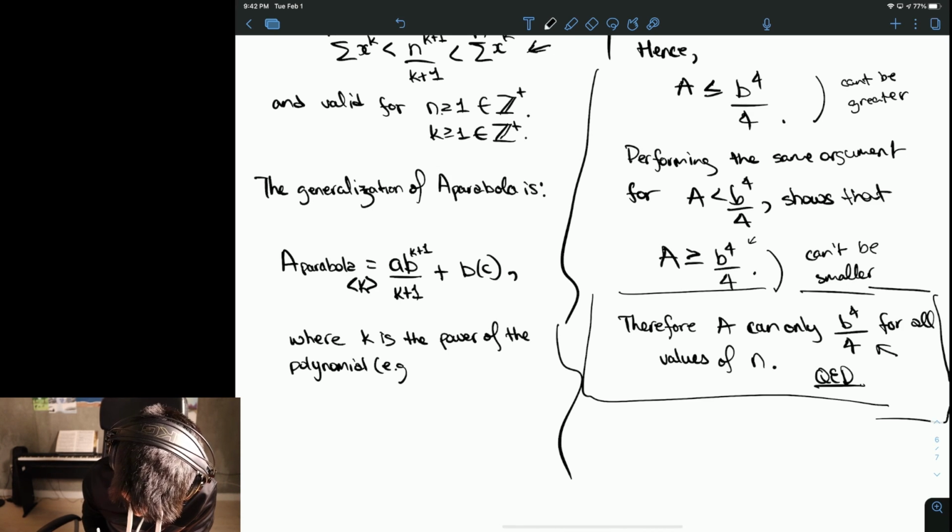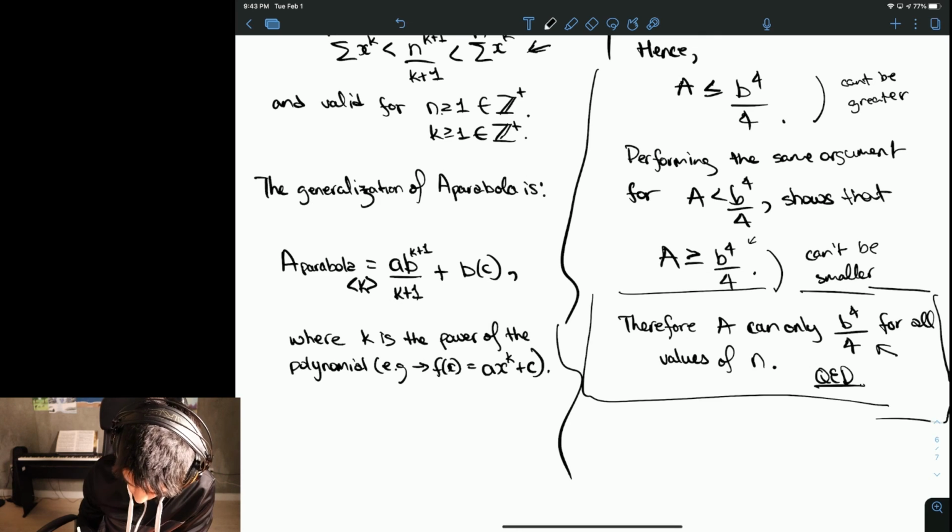for example f of x equals a times x to the k plus c. So we can figure out the area of this polynomial by using this function.